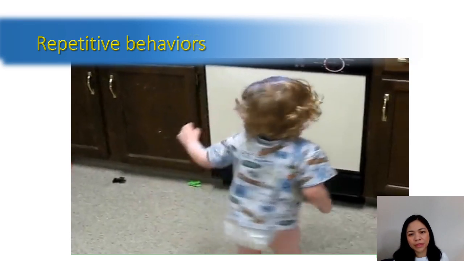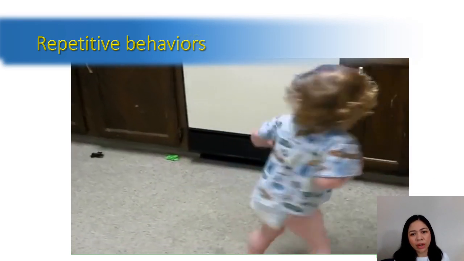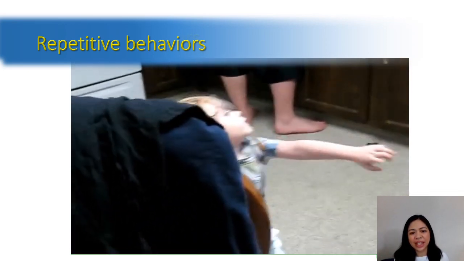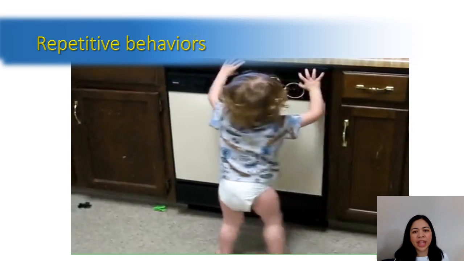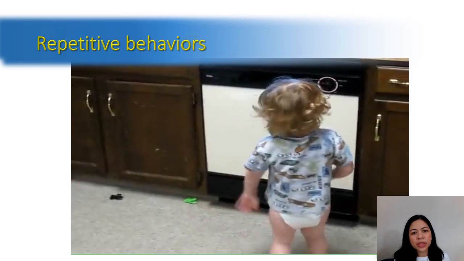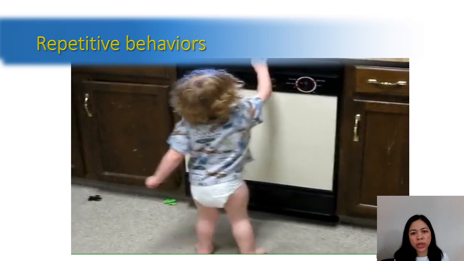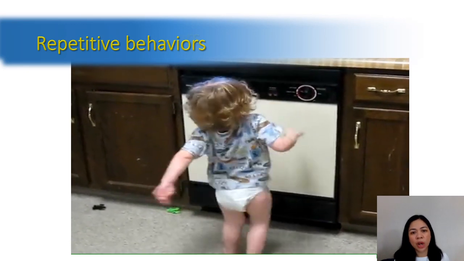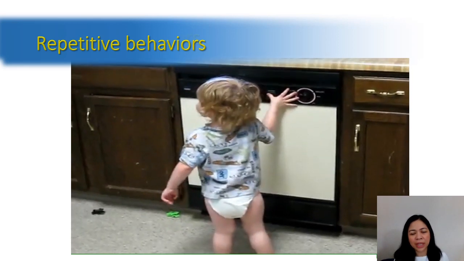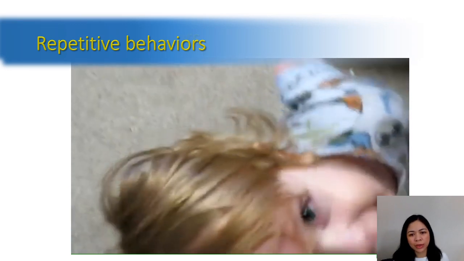Although not seen in all cases, it's quite common among kids with ASD: the side gazing, the twirling, and the flapping of the hands, especially when they're happy about something. He's quite fixated on the knobs of the dishwasher, or probably the sound of the dishwasher. So there he goes again. He slaps his hands whenever he plays with the knobs and keeps going back to the dishwasher. Say hi.